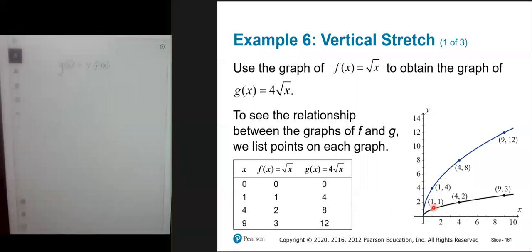So this point here got moved up to there by multiplying the y value by 4. (4, 2) got moved to (4, 8). And same thing with (9, 3), which went to (9, 12). And then we just have the graph of the curve that fits those points.